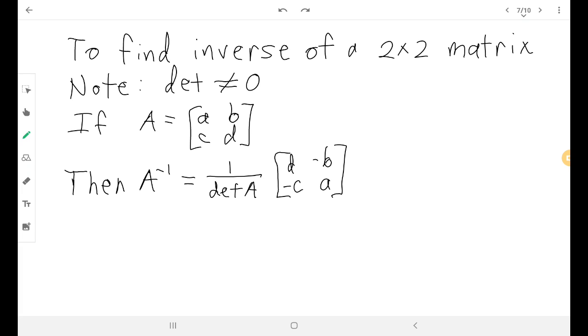Okay? So if we have a pretty generic 2 by 2 matrix, A, B, C, D, the inverse matrix of that, denoted by A inverse, A to the negative 1, is equal to 1 over the determinant. That's why the determinant can't be 0.